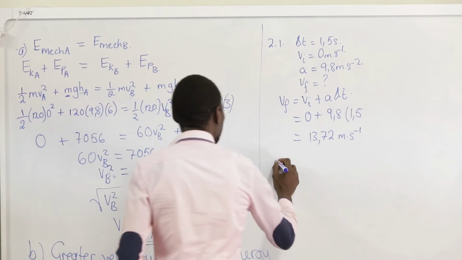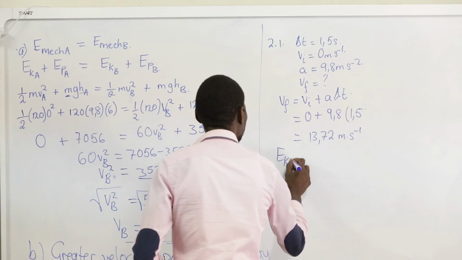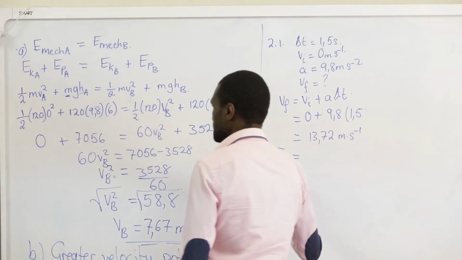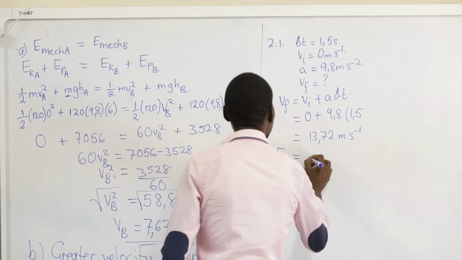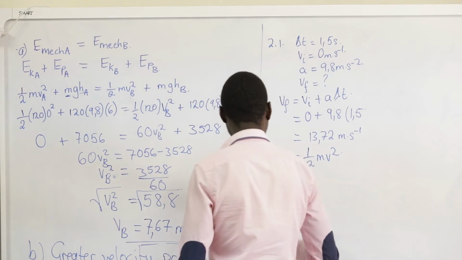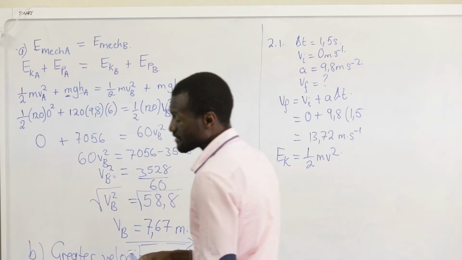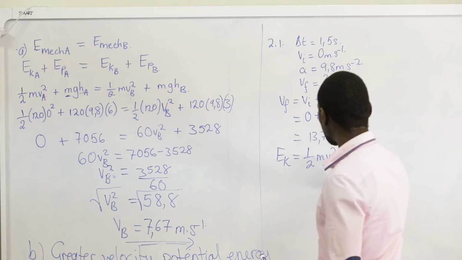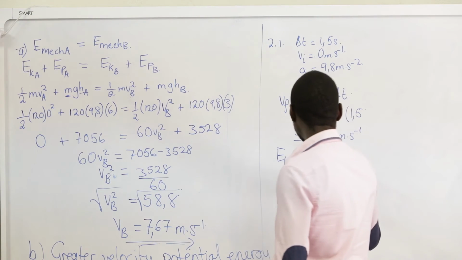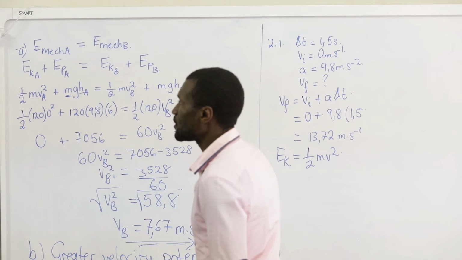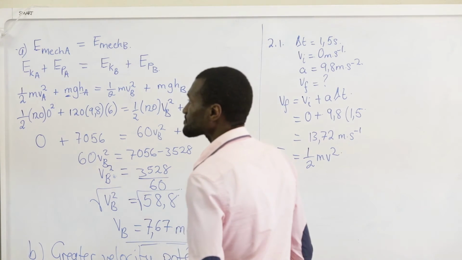But the question requires me to calculate the kinetic energy after 1.5 seconds. I know kinetic energy, EK, is equal to half mv squared. Anyway, here we're looking at EK equal to half mv squared at that particular velocity, right? It is the kinetic energy after 1.5 seconds.